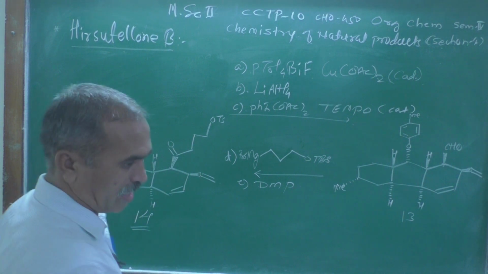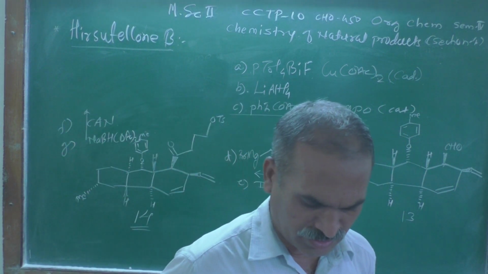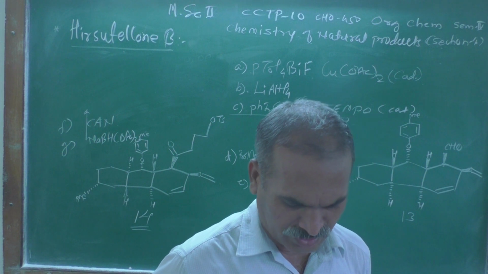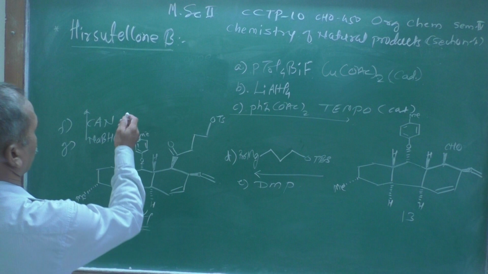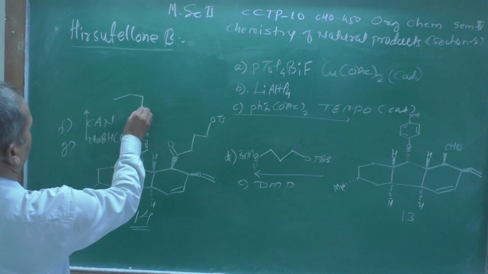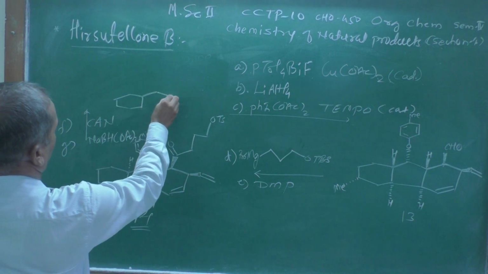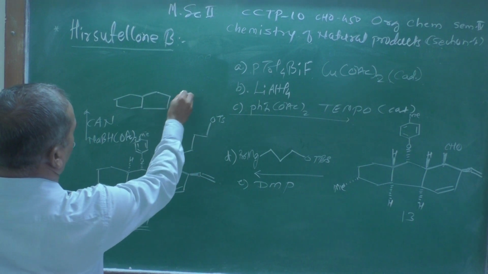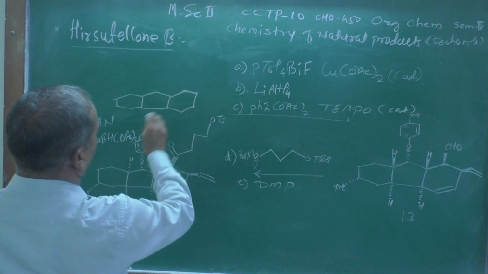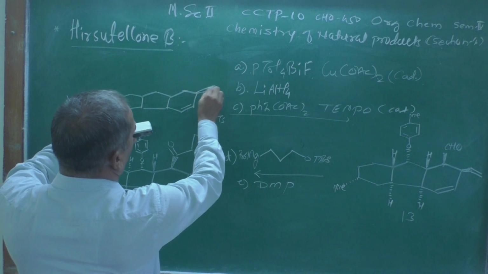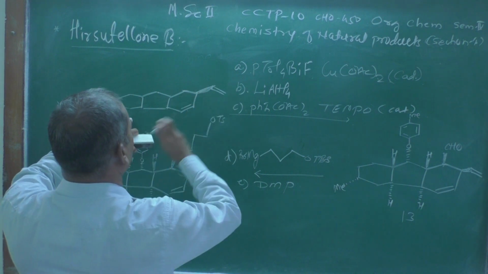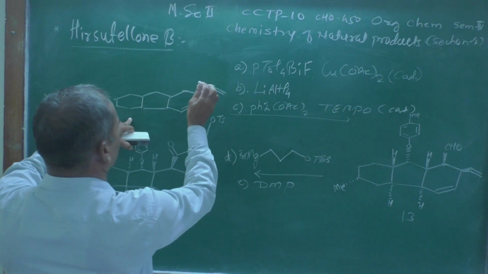When this is added, what are the changes made over here? The changes occur over here like this. Let's see the structure which we are writing, that remains as it is, this double bond, and this group double bond remains as it is.